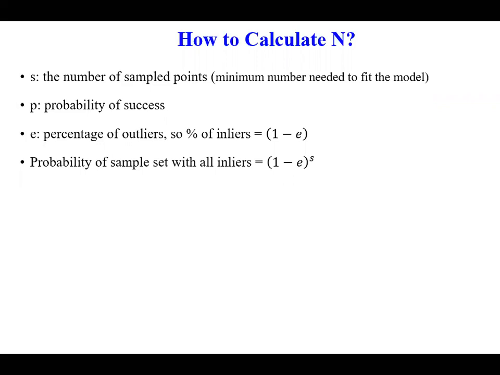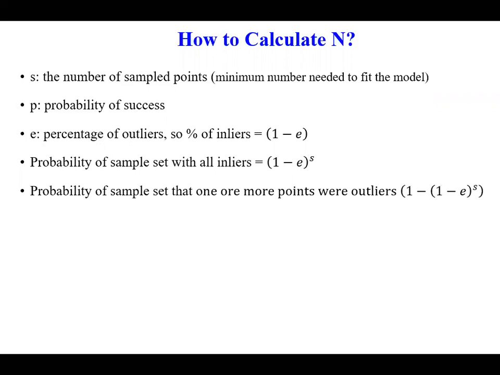What is the probability of a sample set with all inliers? If it is just for one point, it is 1 minus E. But if I have it for S times or S points, what should I get? 1 minus E to the power of S. What is the probability of the sample set that one or more points will be outliers?